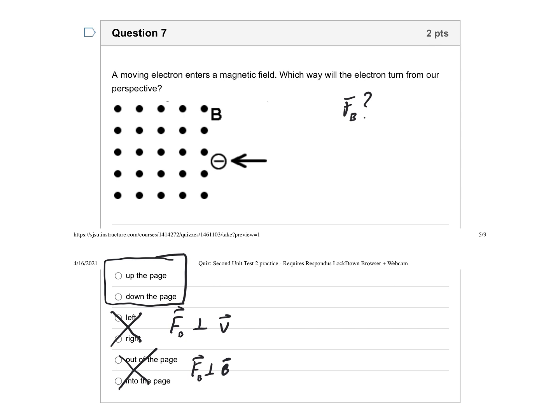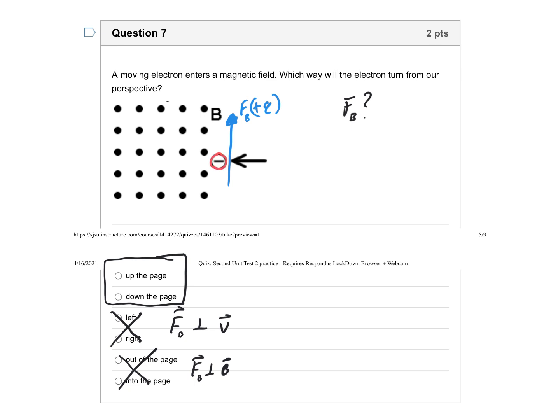Let's do our right-hand rule. Fingers to the left for the velocity. Magnetic field out of the page. And my thumb will point up the page. That is the direction of the force magnetically if we're dealing with a positive charge. But we're not dealing with a positive charge.